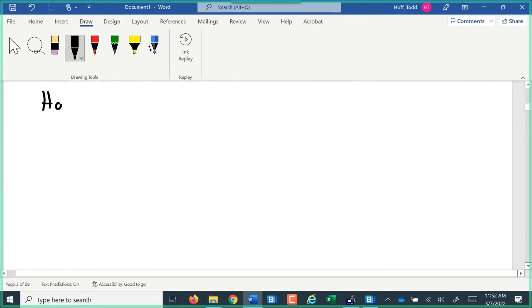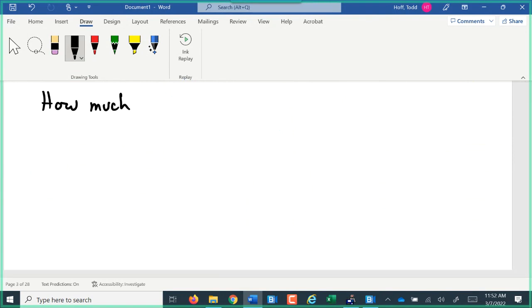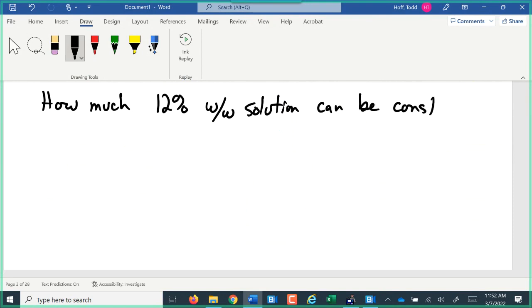We might ask how much 12% weight in weight solution can be constituted using 30 milligrams of syrup.